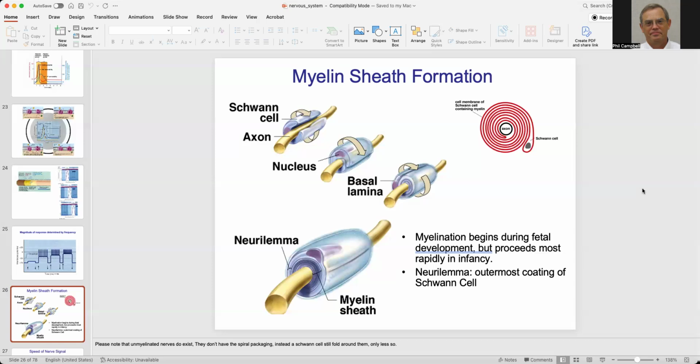We activate this voltage gated channel, it activates its immediate neighbor. Its immediate neighbor, its immediate neighbor, its immediate neighbor. That means basically that there is a fixed rate at which those action potentials can proceed down the length of that axon, because they are dependent upon going from immediate neighbor to immediate neighbor. Everybody with me so far?